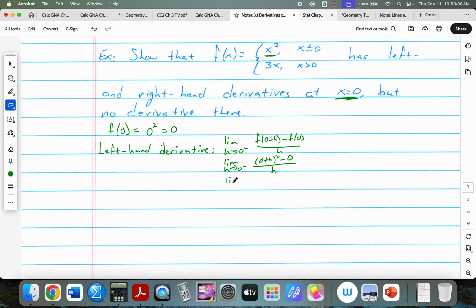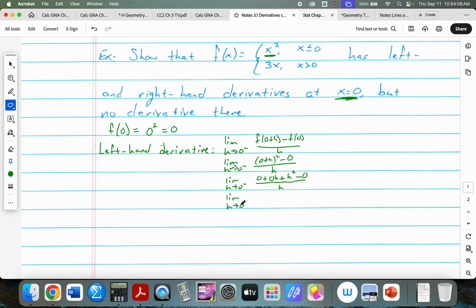So that'll be the limit as h goes to 0 from the left of, when I expand this, 0 plus 0h plus h squared minus 0 all over h.